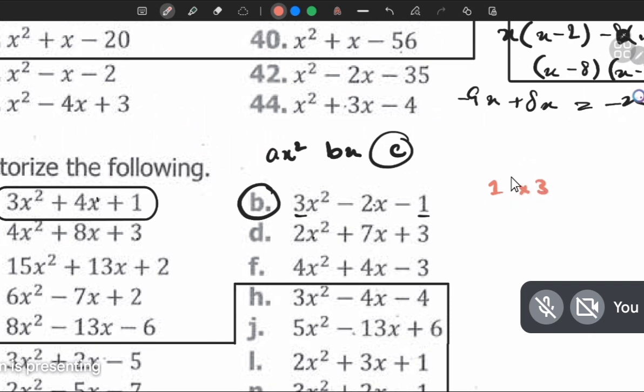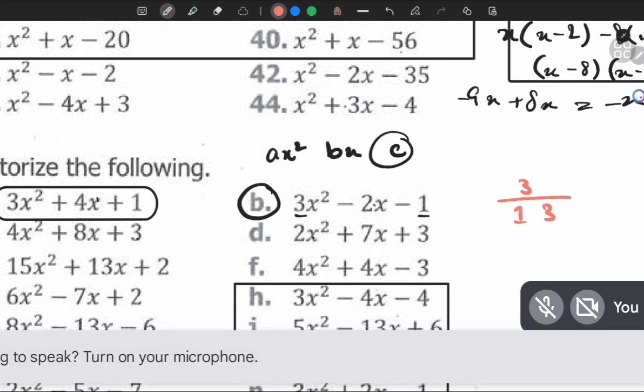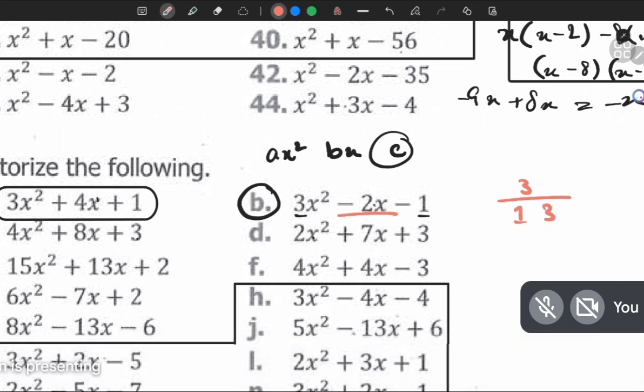So if you multiply these, what you get is 3. Factors for 3 are 1 and 3. Can you make 2 from 1 and 3? Yeah, 1 minus 3. Right?